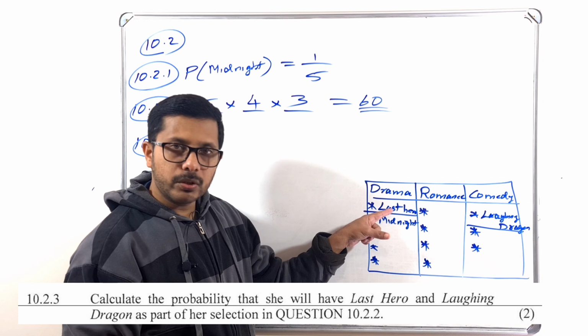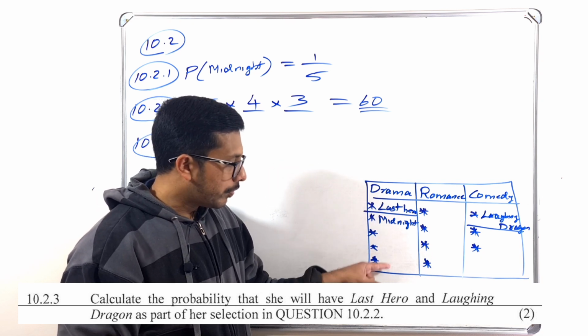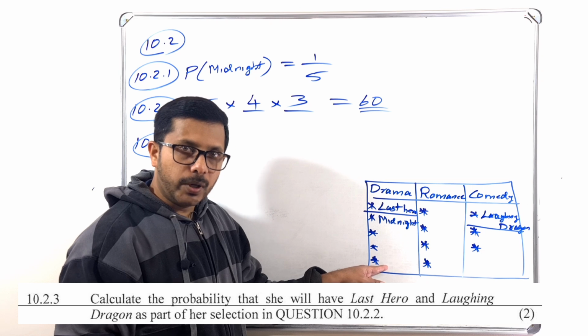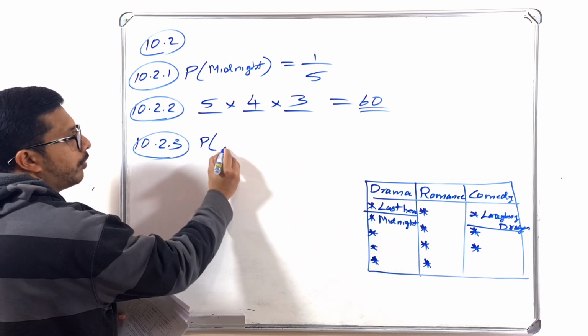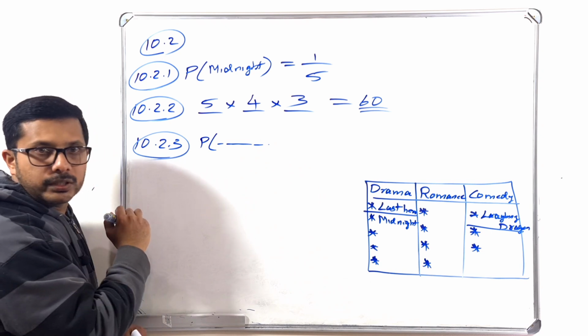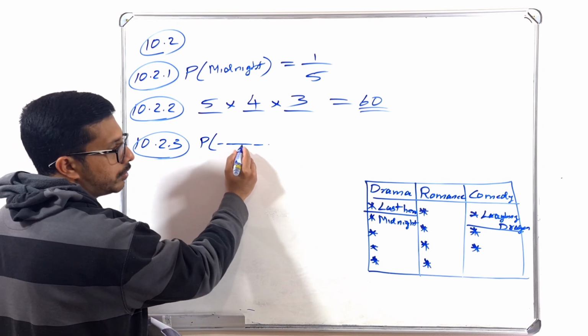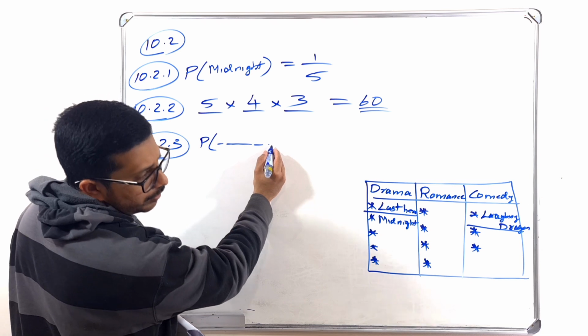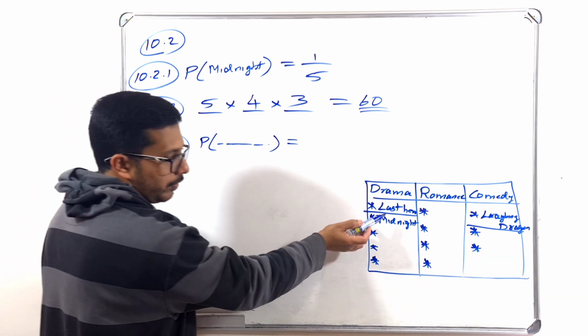Last Hero is one item out of how many items? 5 items. So what is the probability to get Last Hero? Probability of getting Last Hero and Laughing Dragon, and you have to write that when you write your exam.